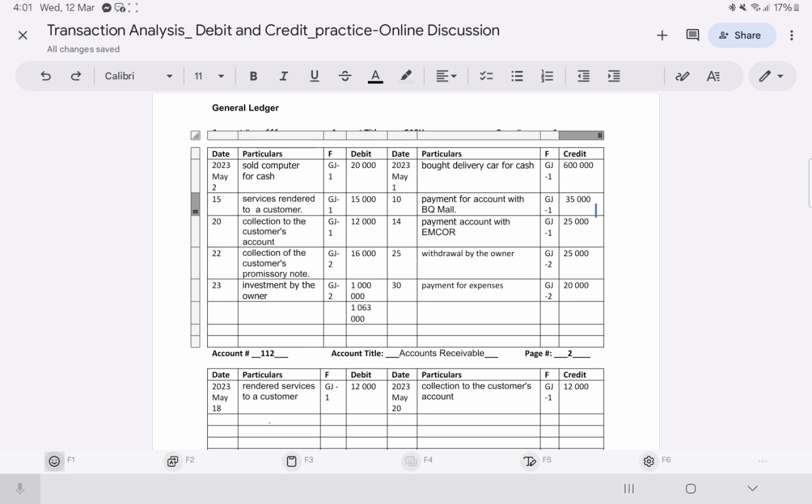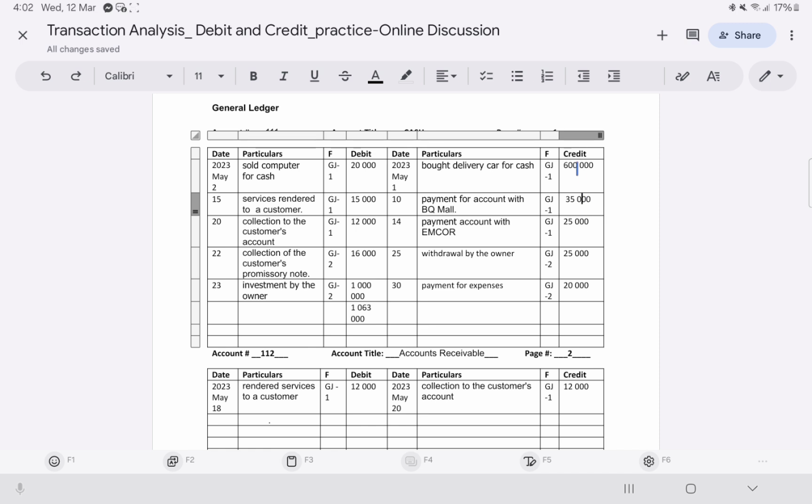This is really important: you should be careful in posting to the general ledger, because you might not be able to balance in the next transaction, or especially if you're going to record in the trial balance, and also when you calculate the financial position. It's difficult to balance if it's lacking a zero or centavos, no? So please be careful. Okay, so 35,000.